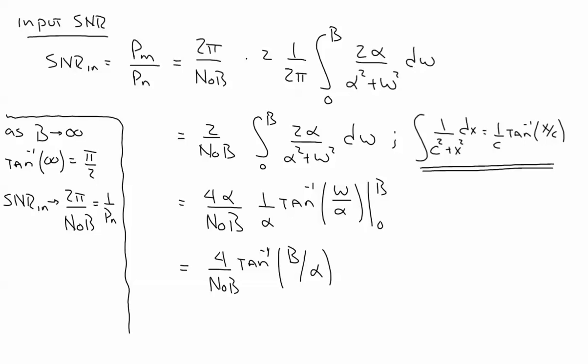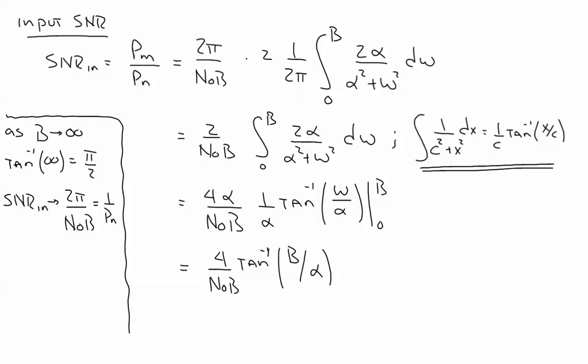So I'm talking about a white noise process that has a constant power spectral density for all frequencies. As the bandwidth gets larger and larger, the noise power gets larger and larger, approaches infinity. 1 over infinity is 0.